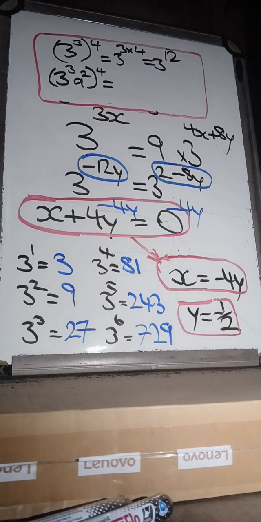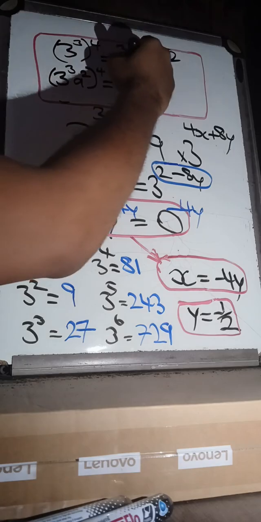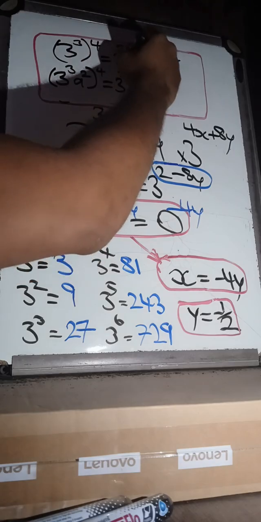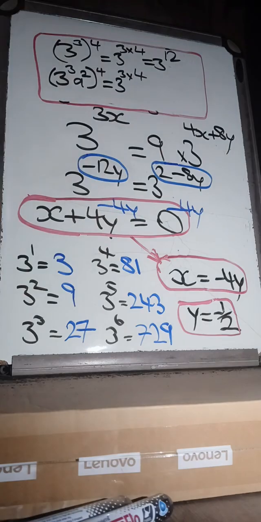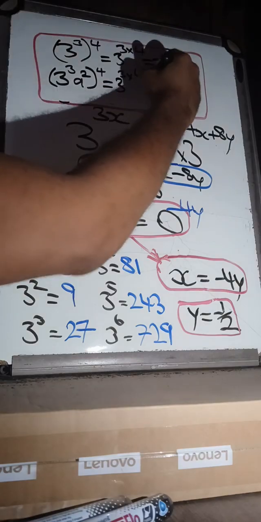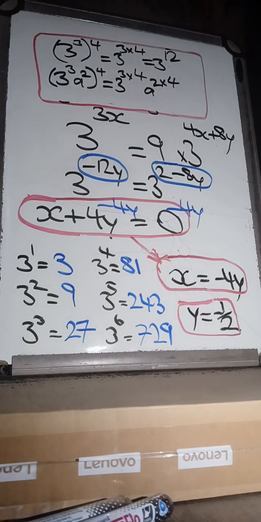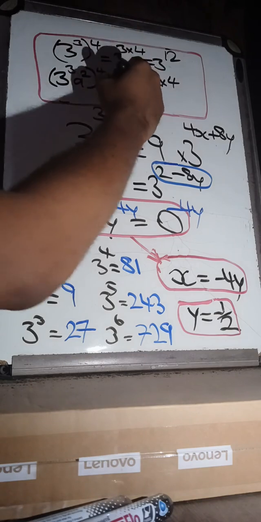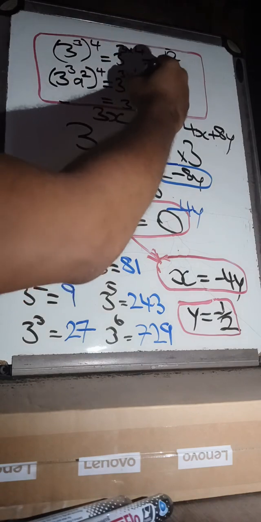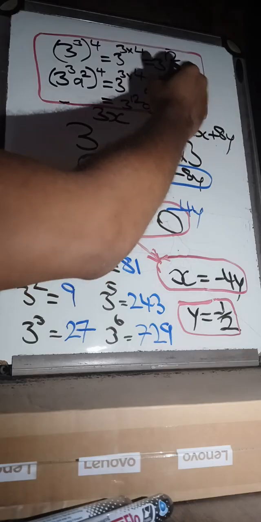Now the reason why this is important is because I don't think a lot of people pay attention to this aspect of it. So yes, it's true that you're still going to have 3 to the 3 times 4, but also you're going to have a raised to the 2 times 4 as well. So in this case, you're going to end up with 3 to the 12 and a raised to the 8.